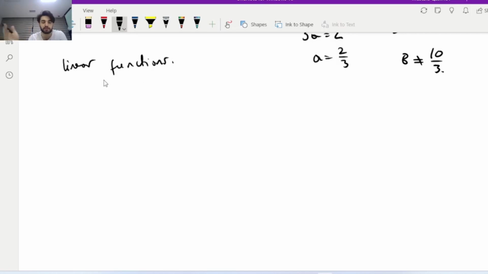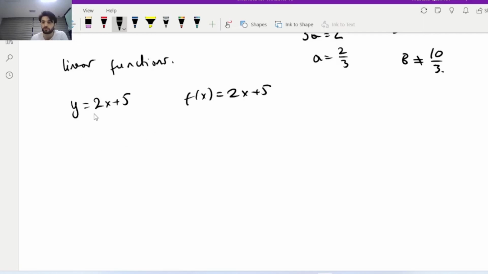Any other function is not a line. Let's write one example. For example, y is equal to 2x plus 5. Instead of y we can also write f of x is equal to 2x plus 5. They are the same thing. f of x and y are the same thing.